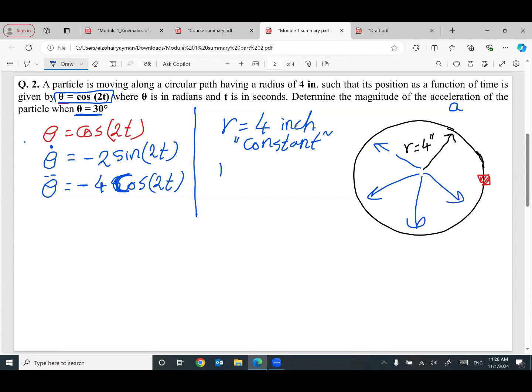So if you differentiate this radius with respect to time, it will give you 0. One more differentiation will give you 0 also. So now I do have values or expressions for r dot, r double dot, theta dot, theta double dot.